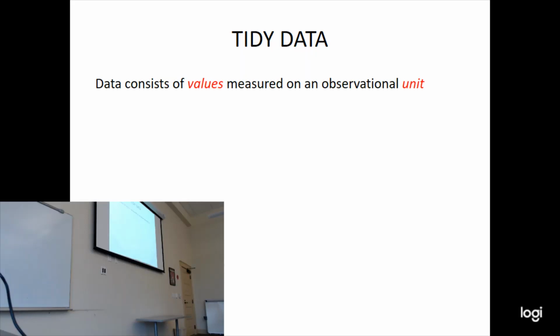Basically, these units are groupings of measurements that have some sort of logical cohesion. They all belong together for one reason. So that's one of the elements of structure: you have these values, or measurements, along with these observational units. So some of these values go together.